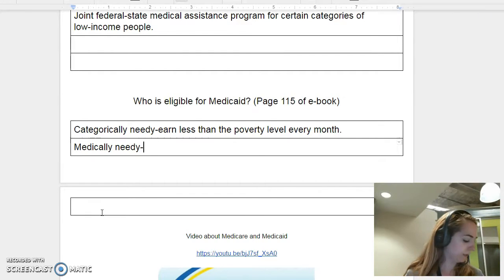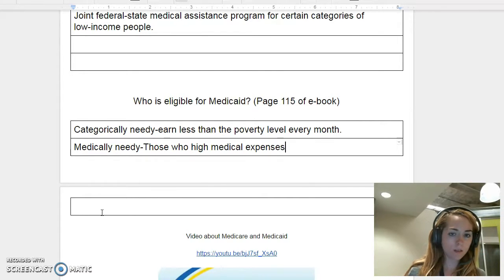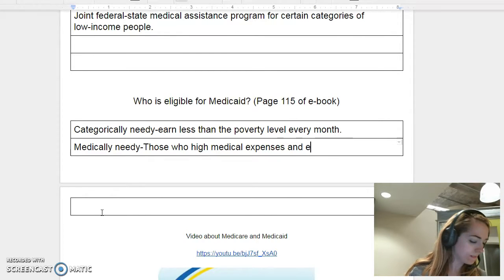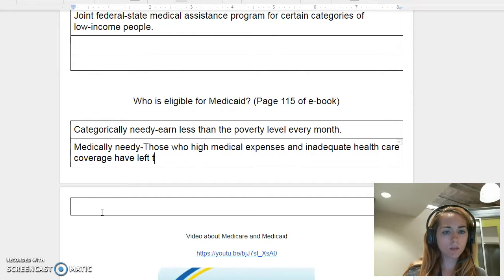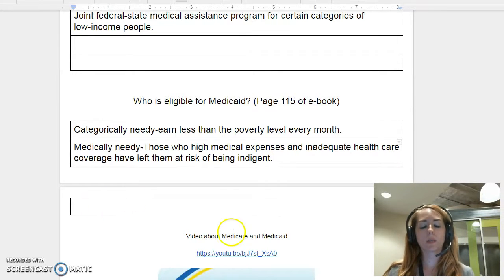Your book says medically needy are those recipients whose high medical expenses and inadequate healthcare coverage have left them at risk of being indigent. So they would also be eligible for Medicaid.